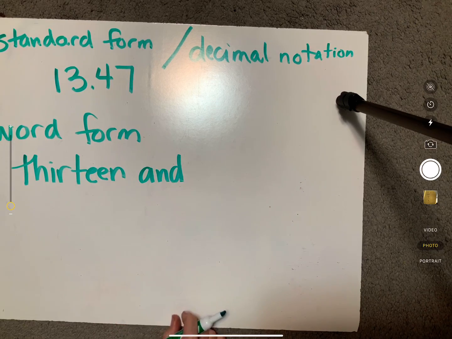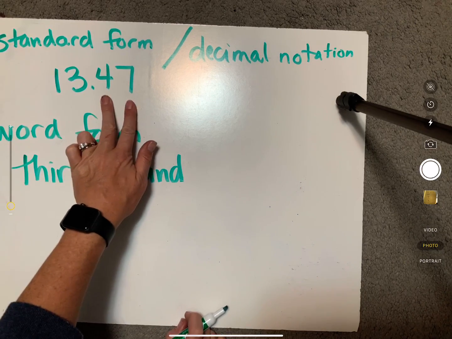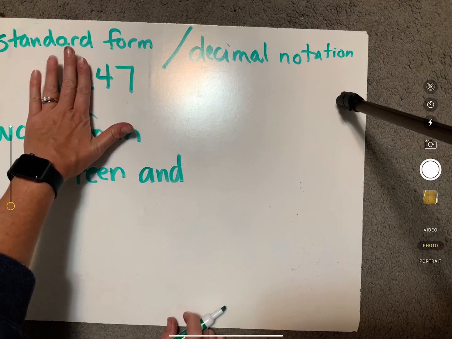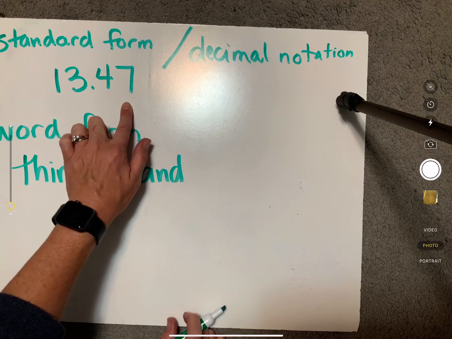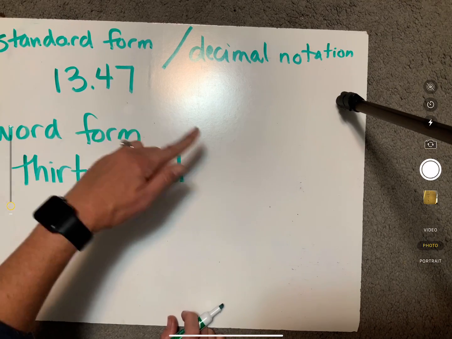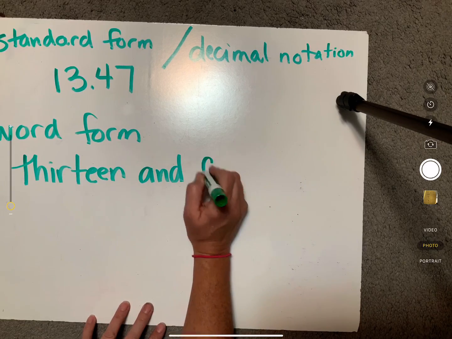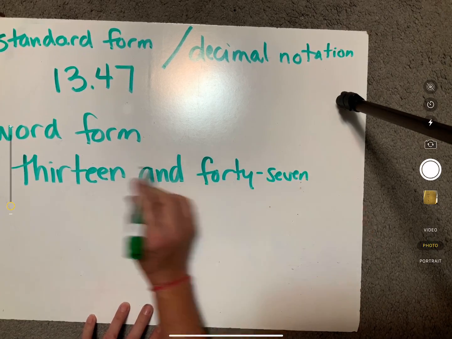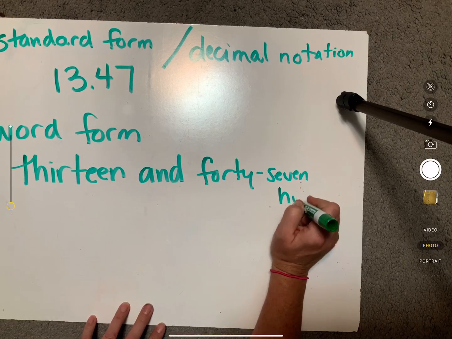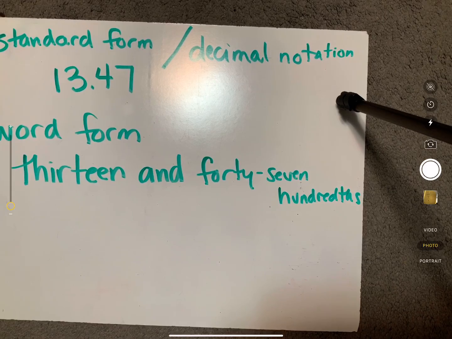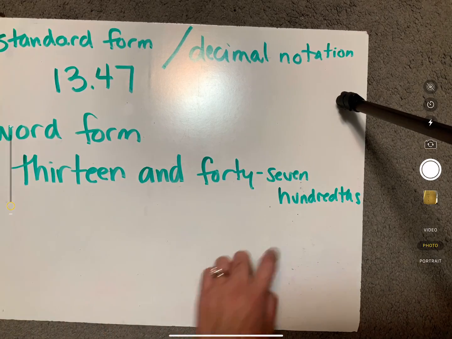So 13 and then you say this number just like you would the normal number, 47. Then you say the name of the last place value, the smallest place value in your decimal, on the decimal side. So 47 hundredths. Okay, so 13 and 47 hundredths.